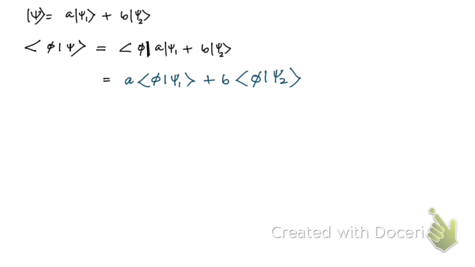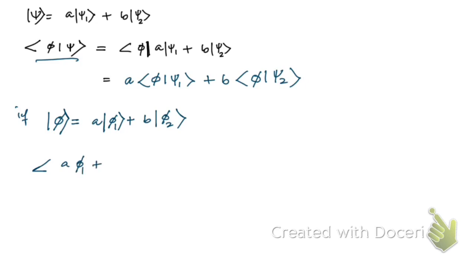Okay, now you see, what if the ket phi is equal to a phi 1 plus b ket phi 2? Okay, in that case we can write this one like this, a phi 1 plus b phi 2 here, psi. So how to write this one?